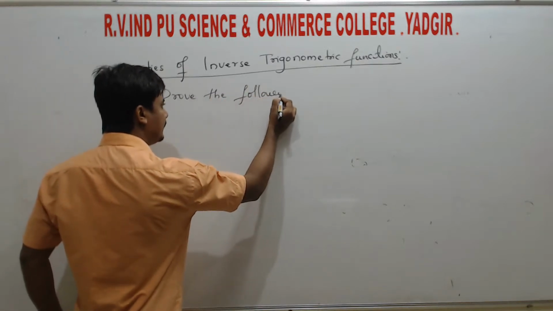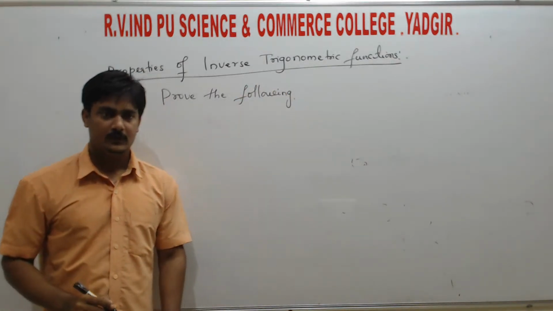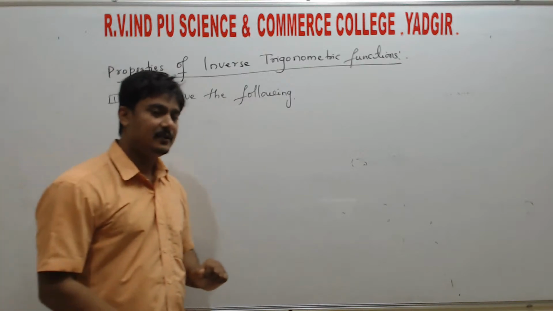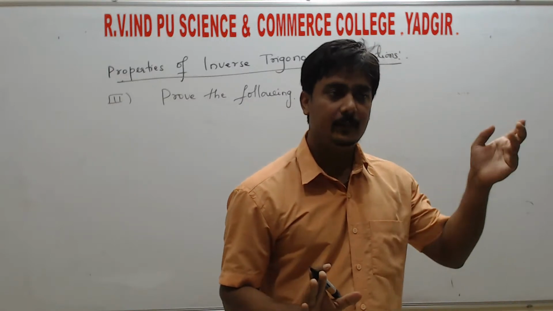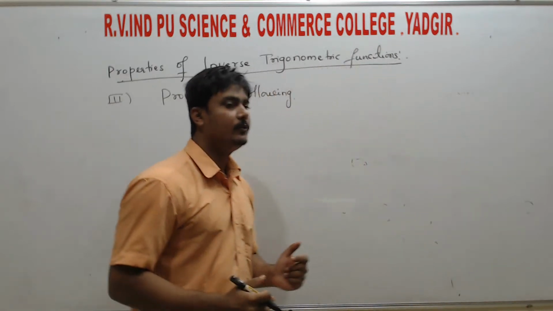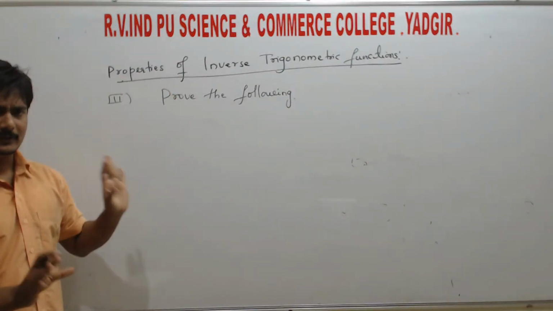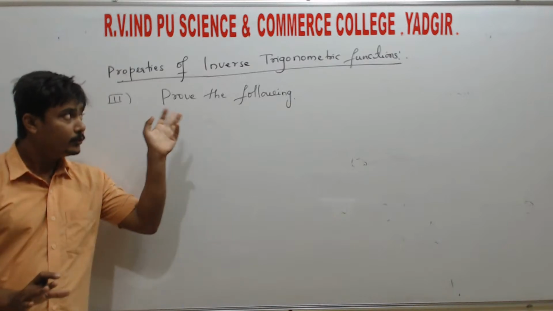In our annual examination, they can ask these properties to prove. The proofs of the first 2 sets of properties are not in our syllabus, so I didn't speak of them. But the properties we are going to consider now, we are going to prove. Is that clear?